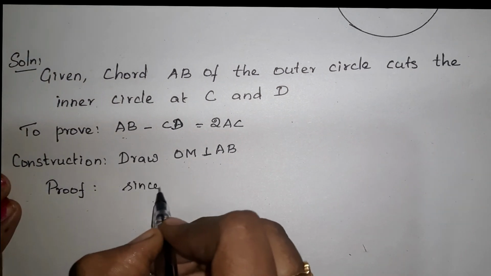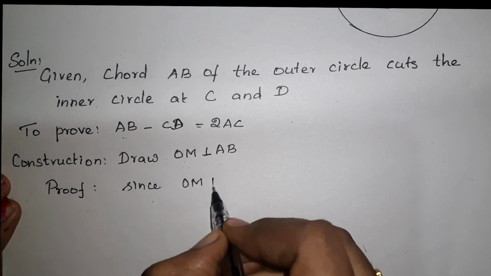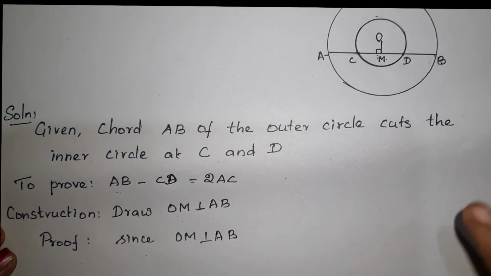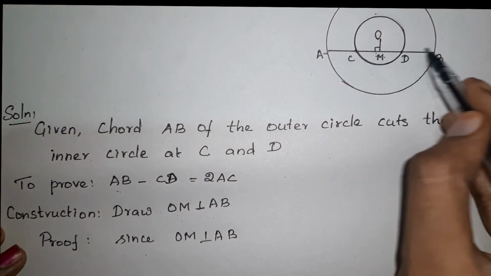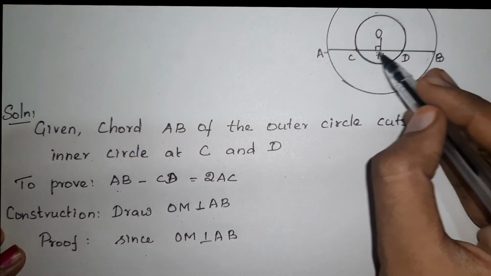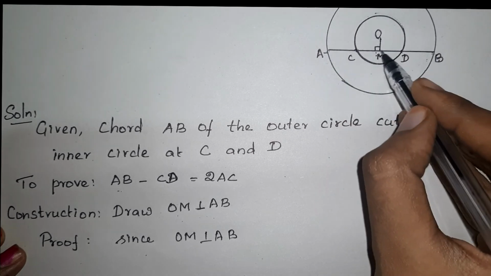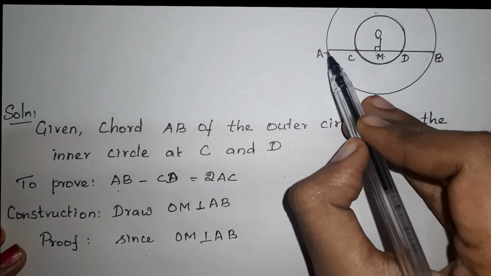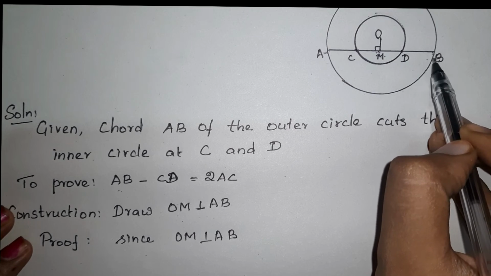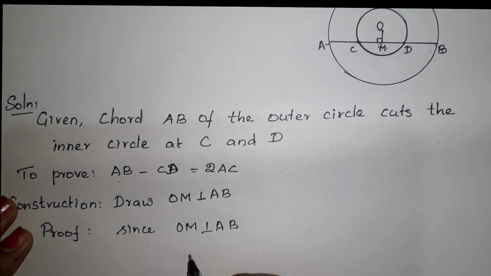Since OM is perpendicular to AB, see this in this question. This OM is perpendicular to AB. So perpendicular to AB means it will bisect the chord. Bisect means these two sides will be same. This length AM equal to MB. It is in theorem 7. So we can write that AM is equal to MB.